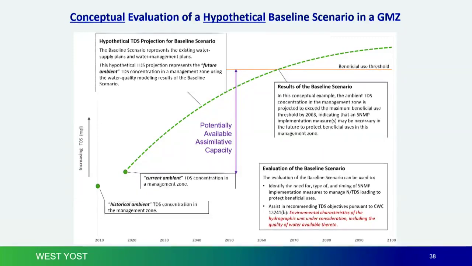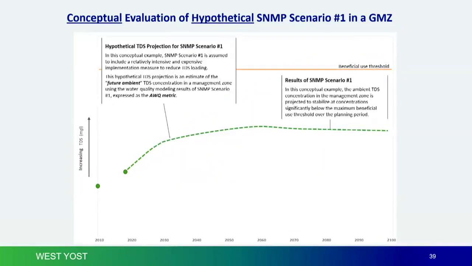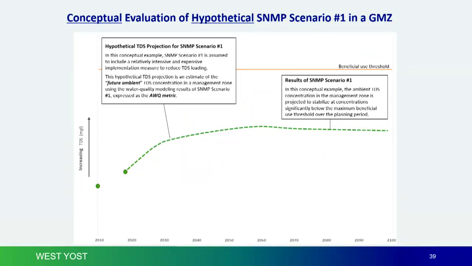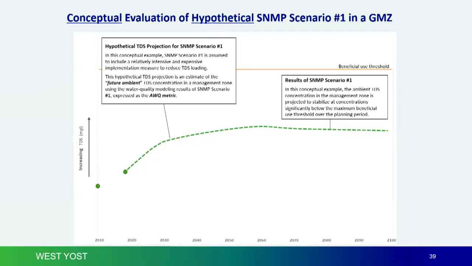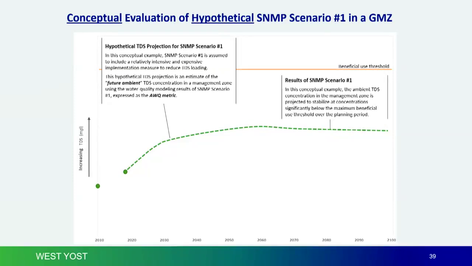So what we might see here, when we move on to our next model scenario where we're testing out those strategies, is that, okay, now our model's indicating that we are stabilizing TDS concentrations in this management zone well below the beneficial use threshold. And so this might be an example of a salt nutrient management strategy that could be considered for inclusion in the salt nutrient management plan.